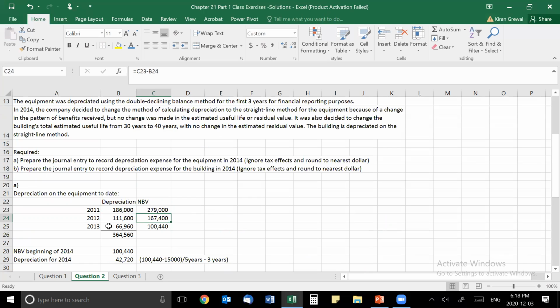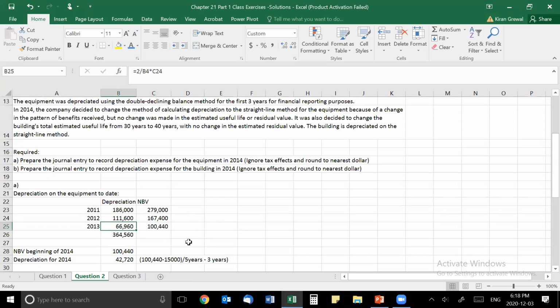And then you're going to do the same thing. So in 2012, you're going to take your 279,000 times 40%. So that's 111,600. Then you're going to take this 279,000 minus 111,600, and that's going to get you 167,400.